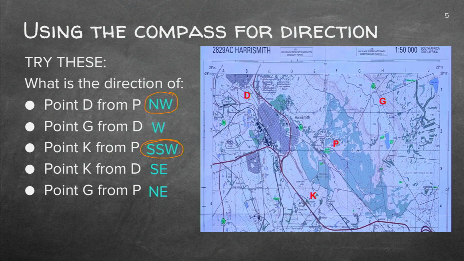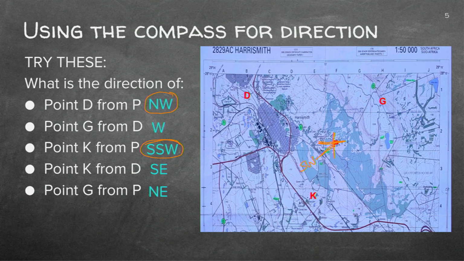If it is from point P, you will make point P your starting point. The midway point from there is southwest, and we see that point K is not aligning with southwest. It's actually lower than southwest, more towards the south than it is to southwest.